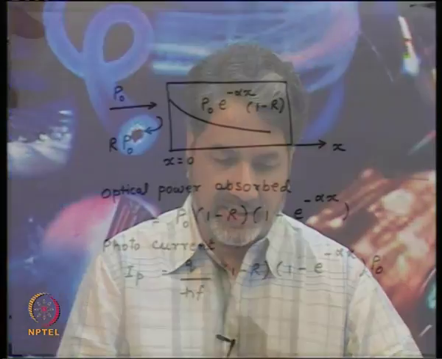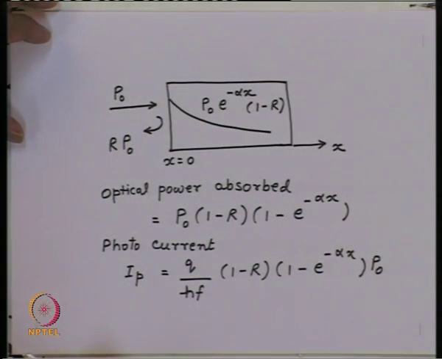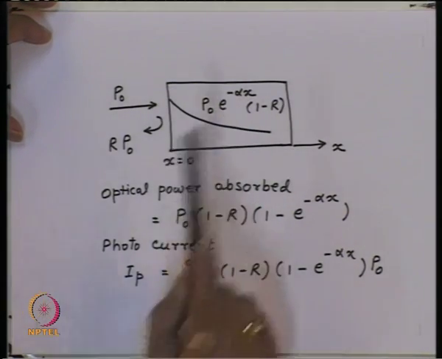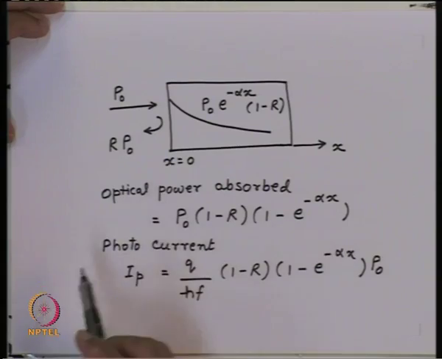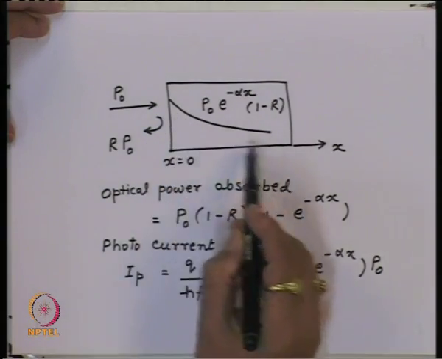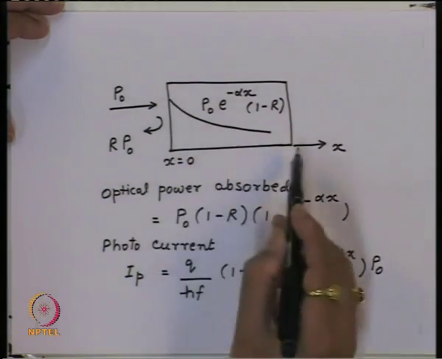Then we took a very simple analysis: if an optical beam is incident on this semiconducting material which has an absorption coefficient alpha, then the light will get absorbed inside this material. So, the light intensity will exponentially decrease as the beam propagates inside this material.